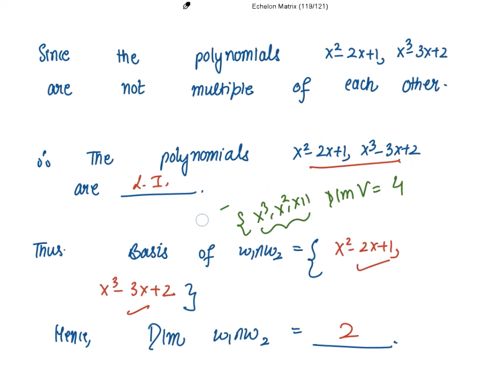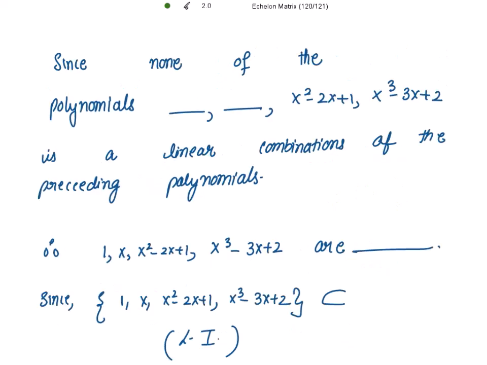To form the basis of V, the number of linearly independent vectors should be equal to the dimension of V. Already these two polynomials are linearly independent and also a subset of V, because they are the basis of W1 intersection W2.